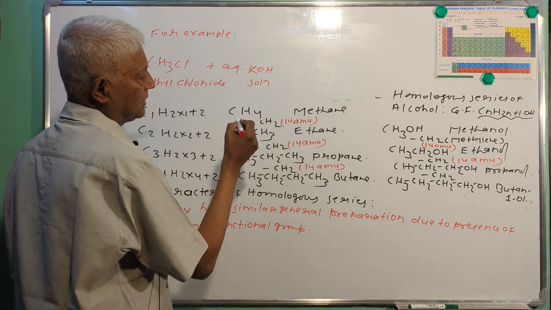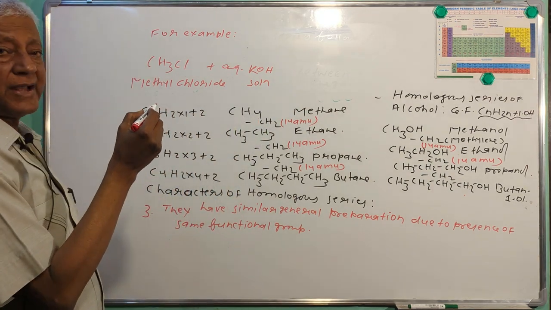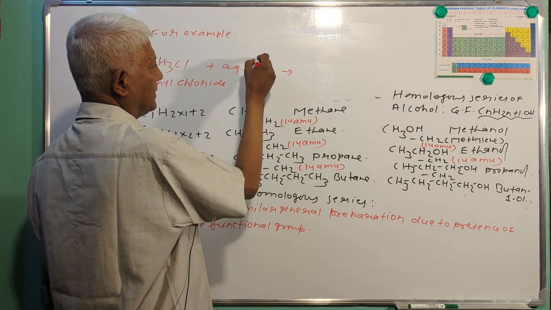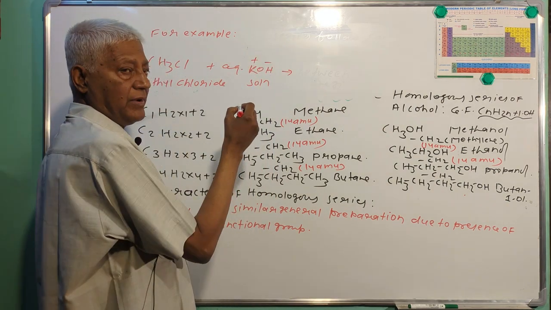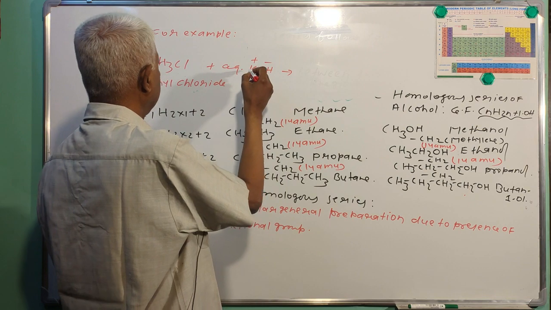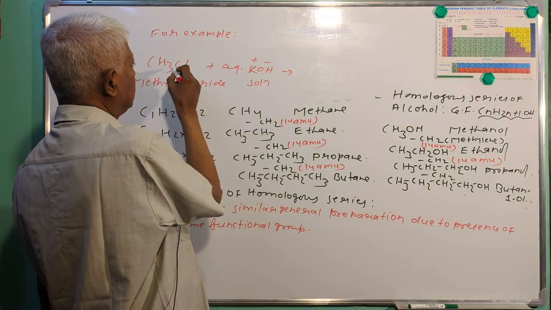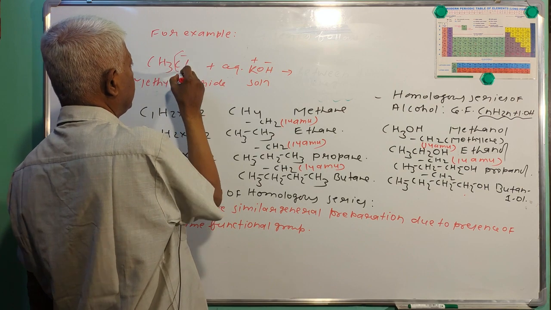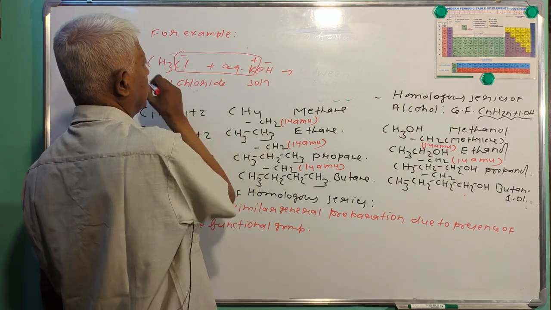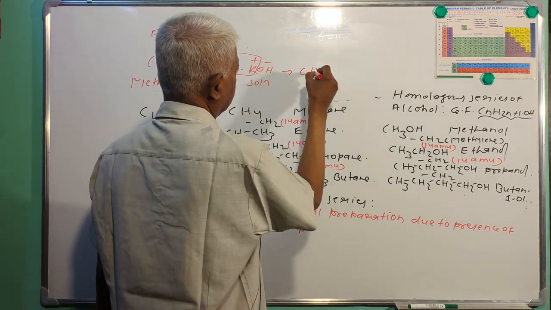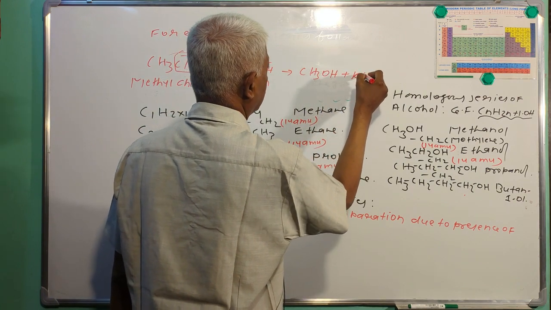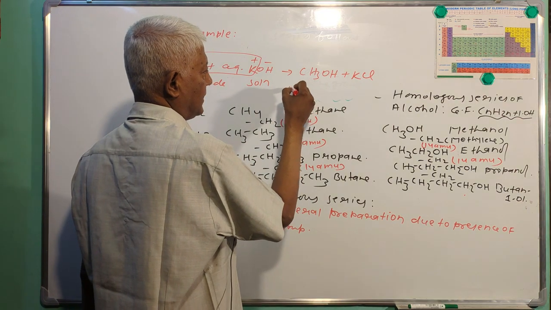What do you mean by aqueous? A solution made in water is known as aqueous. So you know the nucleophile, OH minus, reacts with this, and KCl is formed. So what product do we have? CH3OH plus the side product KCl.